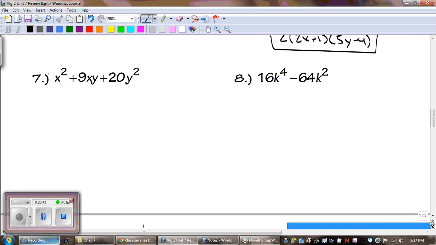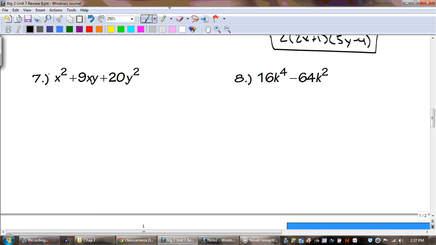All right, number 7. Don't get all scared because there are multiple variables in it, okay? You always check to see if there's a GCF. In this case, there's not. And then we're thinking about numbers that multiply to get to 20 and add to get to 9. That's what you should know is 4 times 5, okay? Now, you can split the middle term if you want to, but you really don't have to in this one, okay?